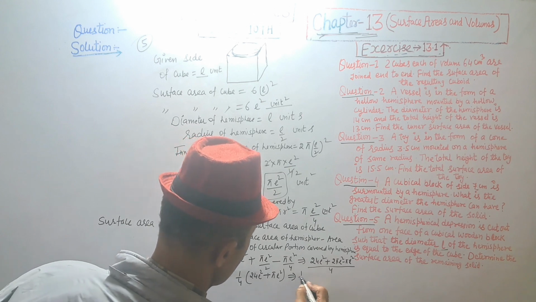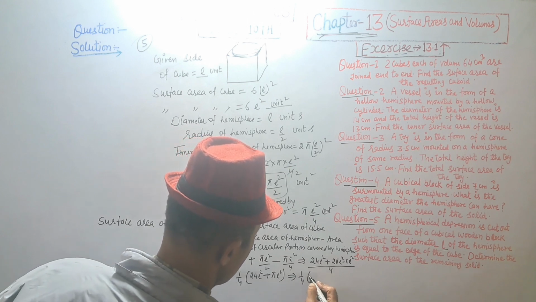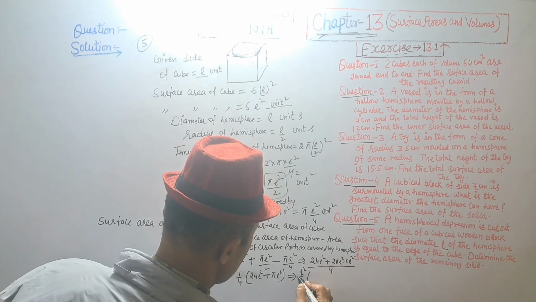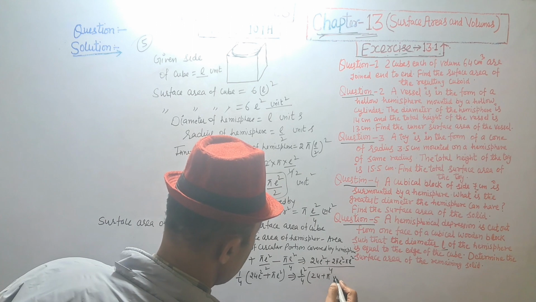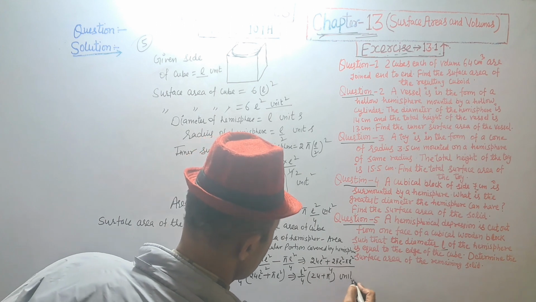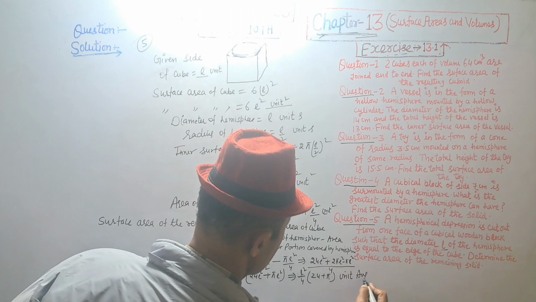This implies 1 by 4 L square, L square is taken common, 24 plus pi unit answer.